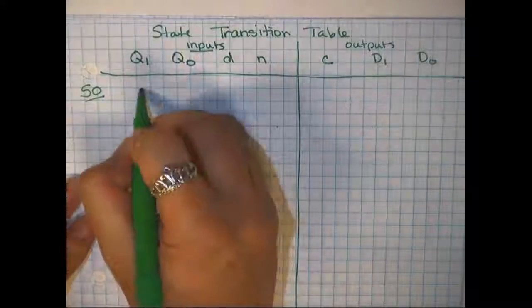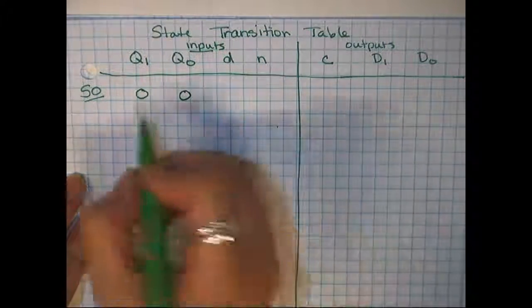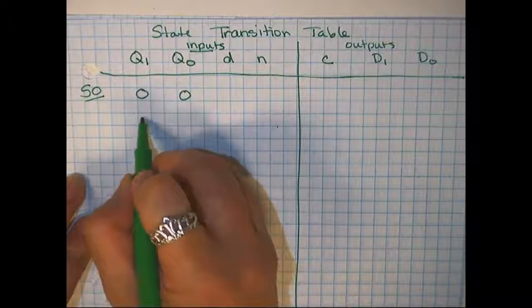So at state 0, what was my Q1 and Q0? 0. And then we're actually going to have 4 states here.